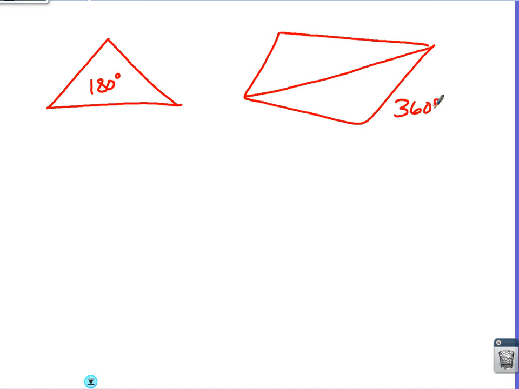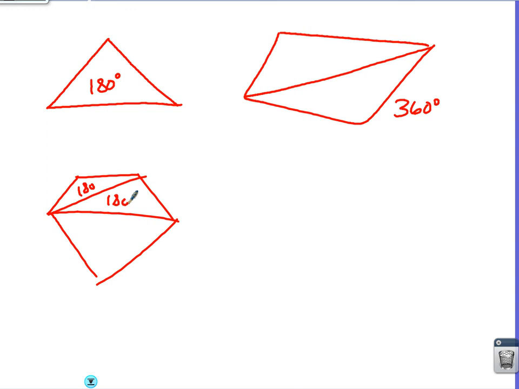If you have five sides, pick a corner and just start drawing diagonals. If you have five sides, don't you have three triangles? 180, 180, 180 would add up to 540. If you have six sides, pick a corner, start drawing triangles.